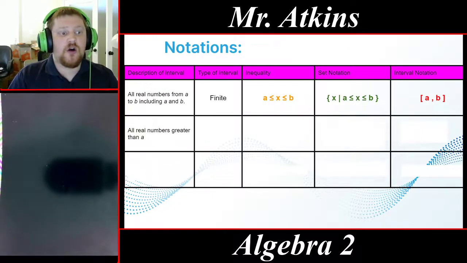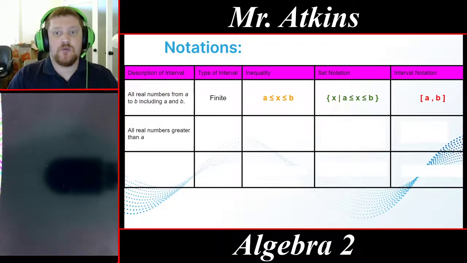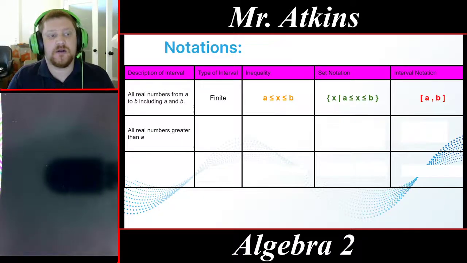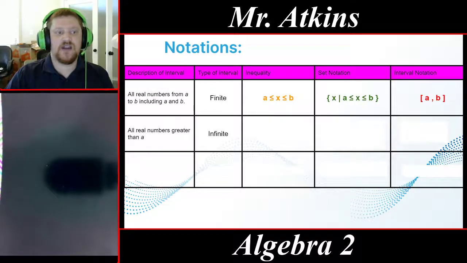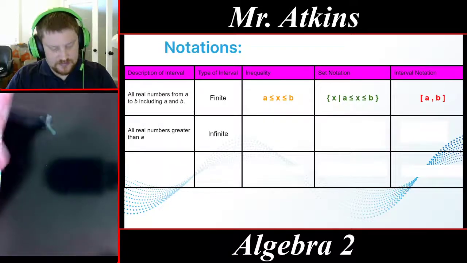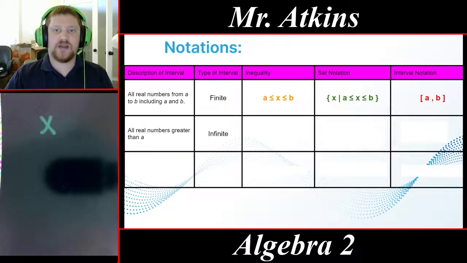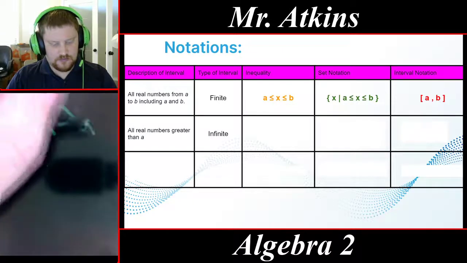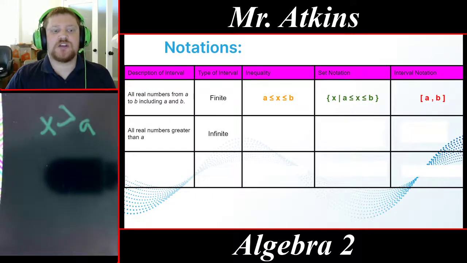Now let's look at all real numbers greater than A. Well, we know that the numbers never stop counting as we go bigger and bigger. So that means we have an infinite interval. Now our inequality, we always start with x, and we know that if it's greater than A, we just take that word, greater than A. And just like before, our set notation is going to do the exact same thing.